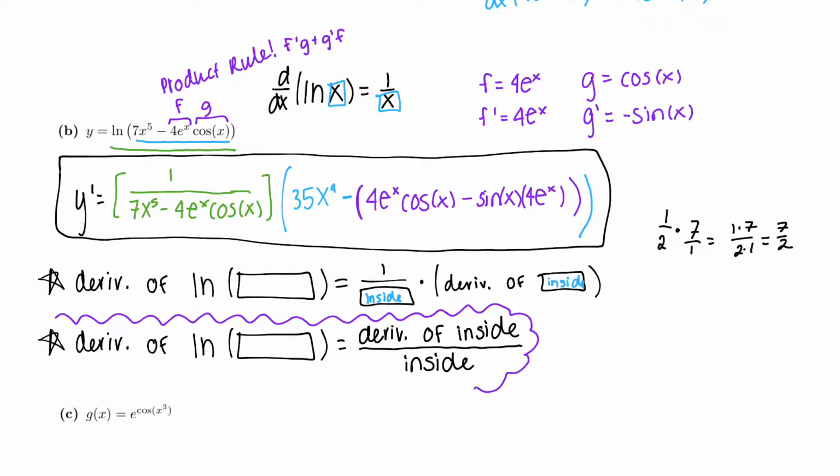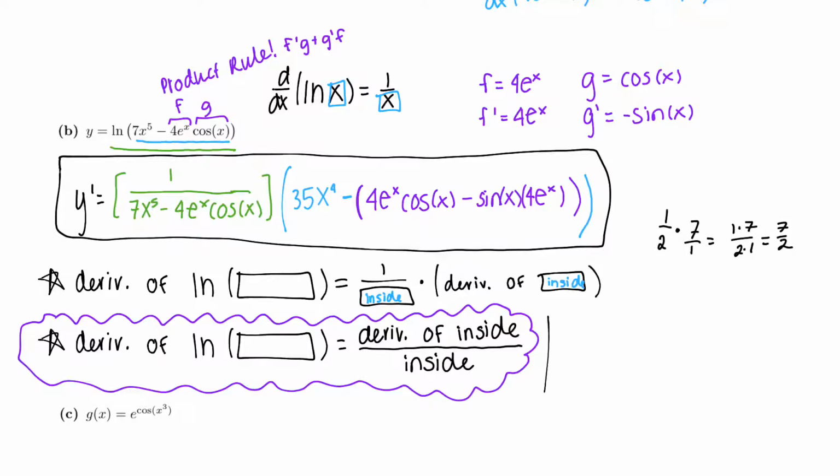And it's a faster way of writing it, so it doesn't have to be all spread out. So this whole thing could have been written with this part in the numerator. And it's kind of easy to think of derivatives of ln as being the derivative of the inside over the inside. It makes it really quick.